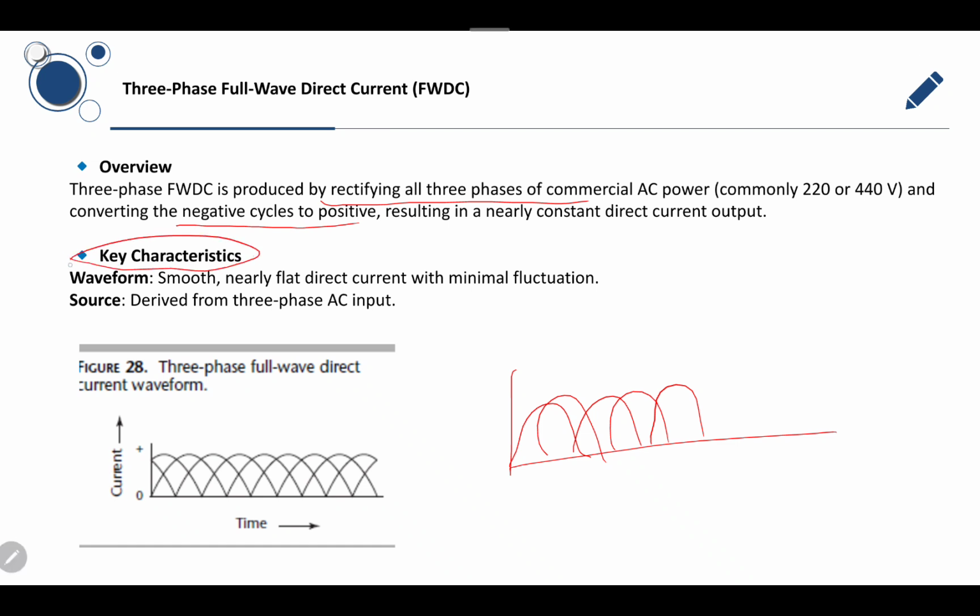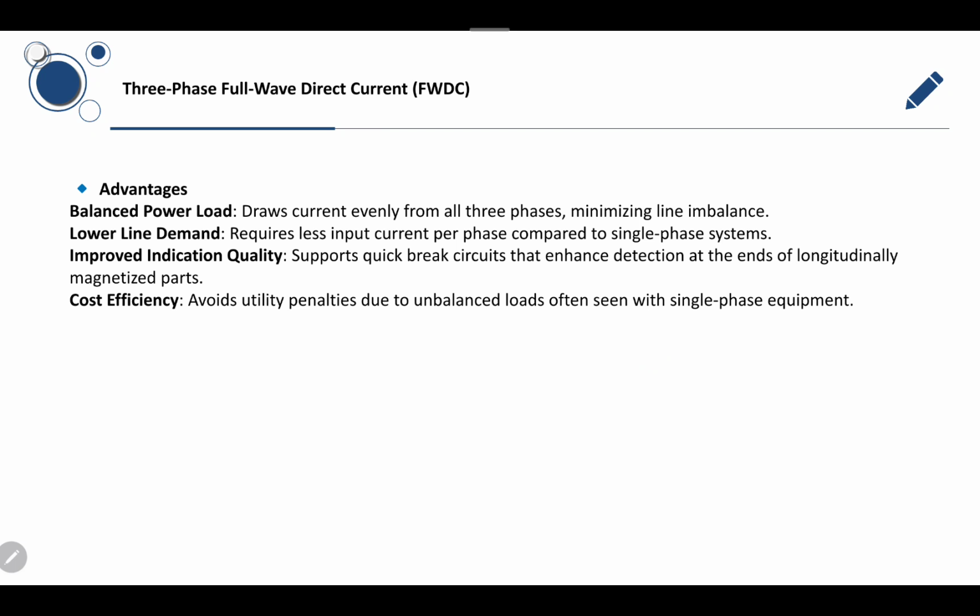Next, key characteristics. Waveform. It's a smooth, nearly flat direct current with very minimal fluctuations. What is the source? It's derived from a three phase AC input. And the advantages. Balanced power load.